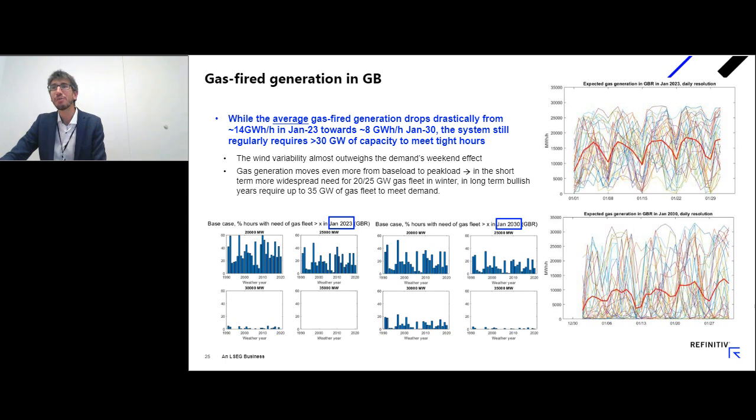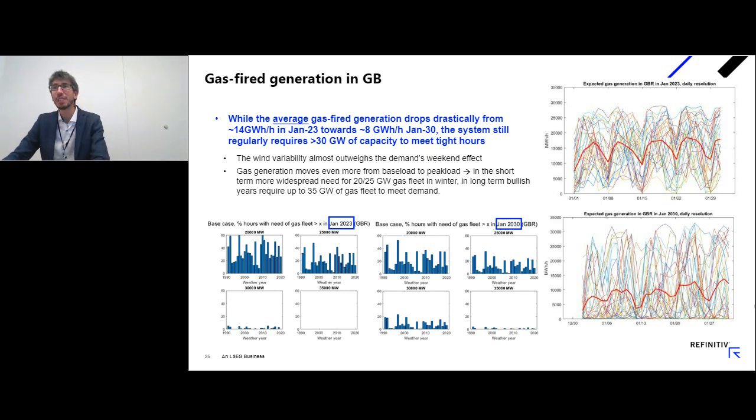So in 2030, what happens is that the average is much lower, as we expect, because of all the new wind which will come in the UK in 2030. But the dispersion is much larger, and you almost don't have any weekday pattern at all. All that matters is whether there's going to be wind or not: a lot of wind in the days where there is wind, or zero wind in the days where there is no wind.